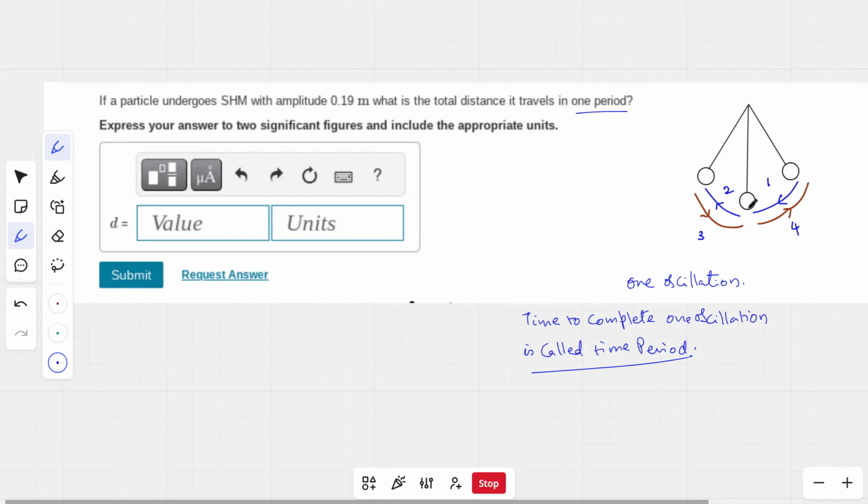That is the maximum displacement. So the maximum displacement from the equilibrium position is called amplitude.